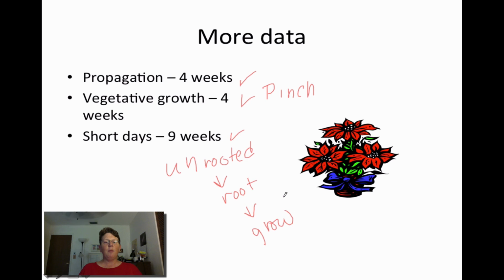If you get rooted cuttings, then you cut this time out and you start here to grow. In our example, we probably have unrooted cuttings, so we're going to have 2 weeks for rooting and 2 weeks of growing on, 4 weeks total, and 4 weeks to grow, so it gets to a decent size before we start our short days.